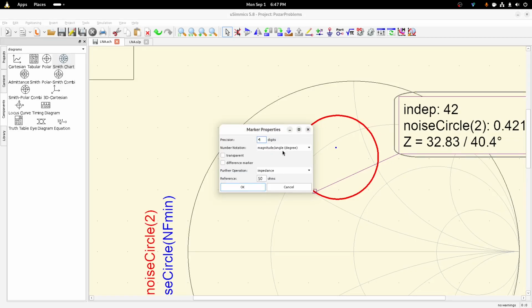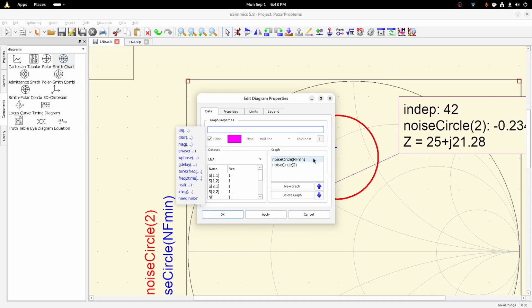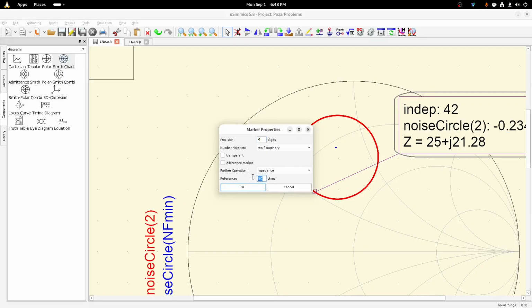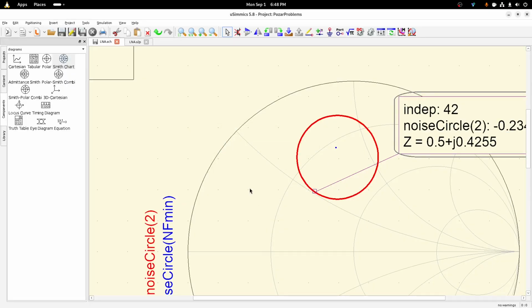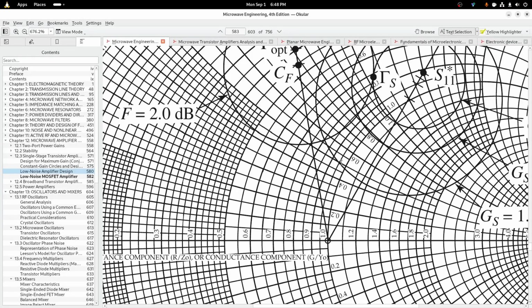Put you in rectangular real quick. 20, no, I want it normalized. Come on. Yeah, the 0.5 line, I believe. I assume this is the 0.5.